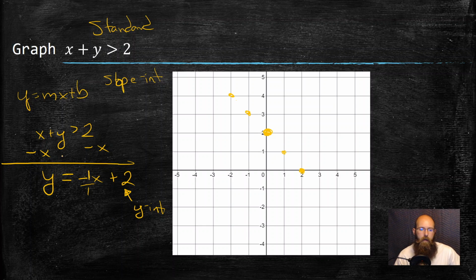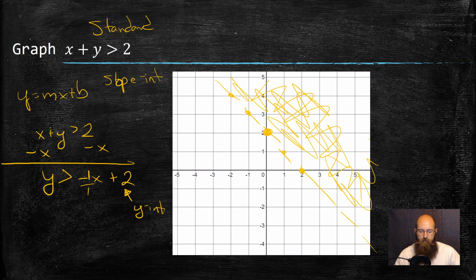Now I need to go back and figure out what kind of line that was. y is greater than, and if y is greater than, that means it's going to be above, so it's going to be this chunk. And what kind of line is that going to be? Because it's only greater than, it's a dashed line. So I'm just going to put dashes through all those dots, and I'm shading above that dashed line.